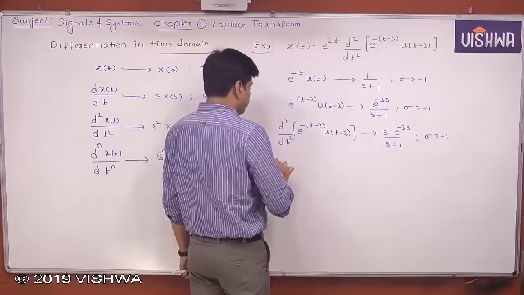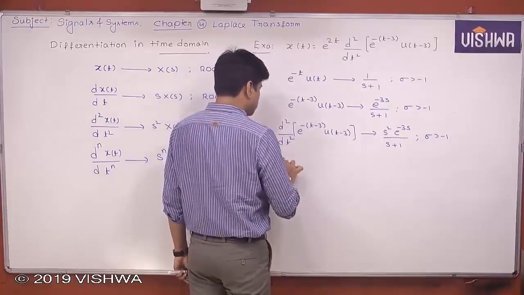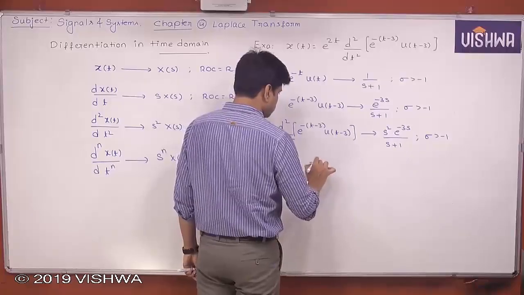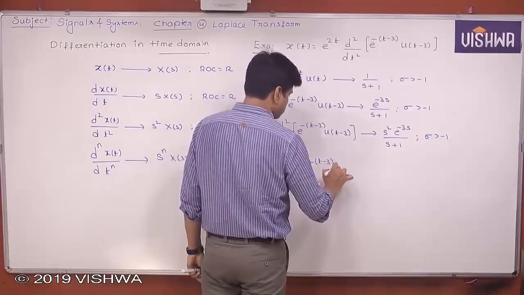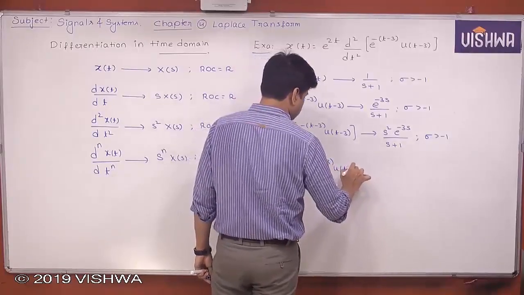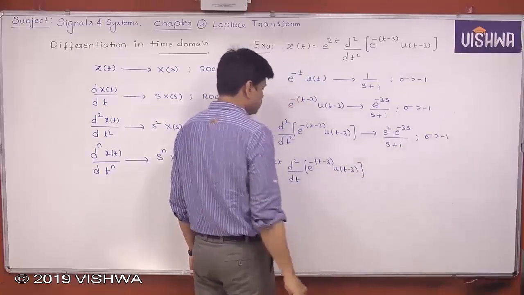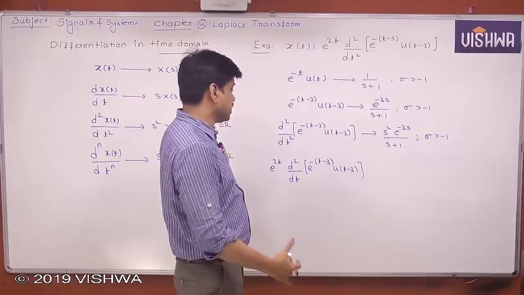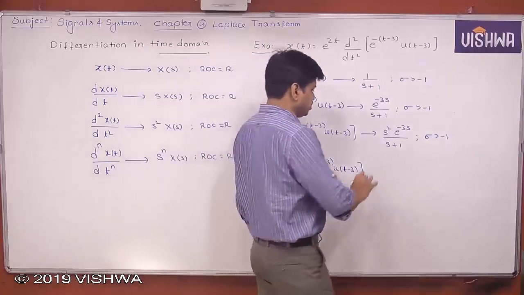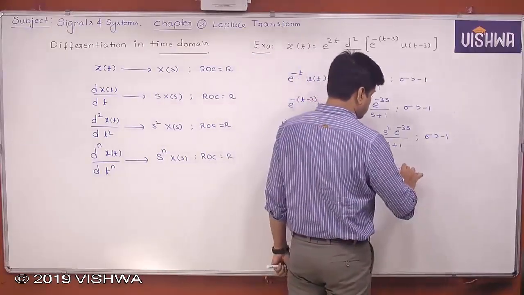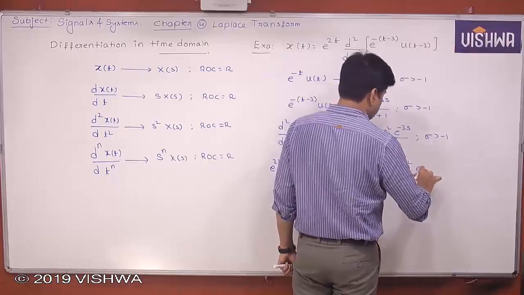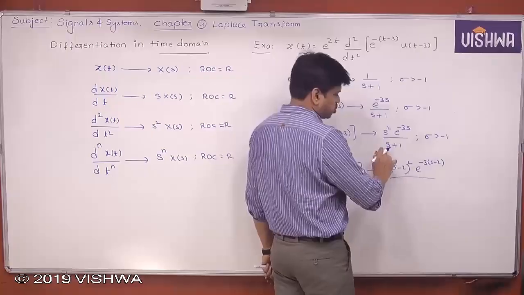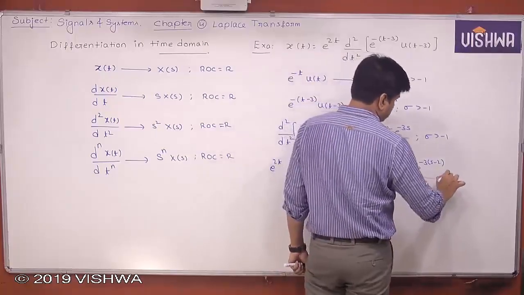Now, if it is multiplied with e power 2t, there we have to shift. That means s has to be replaced with s minus 2. So s minus 2 whole square e power minus 3 into s minus 2, over s minus 2 plus 1, so s minus 1.